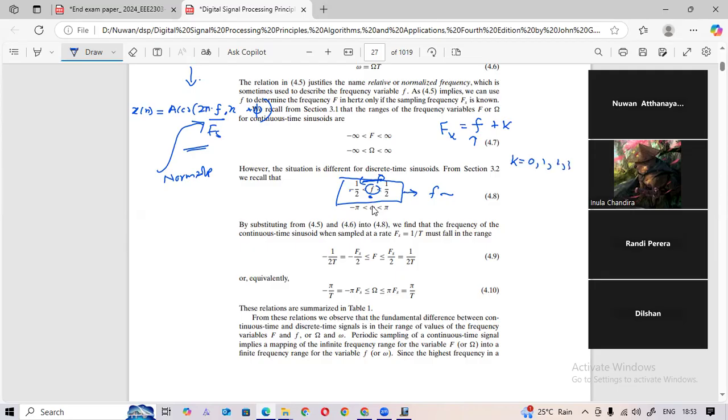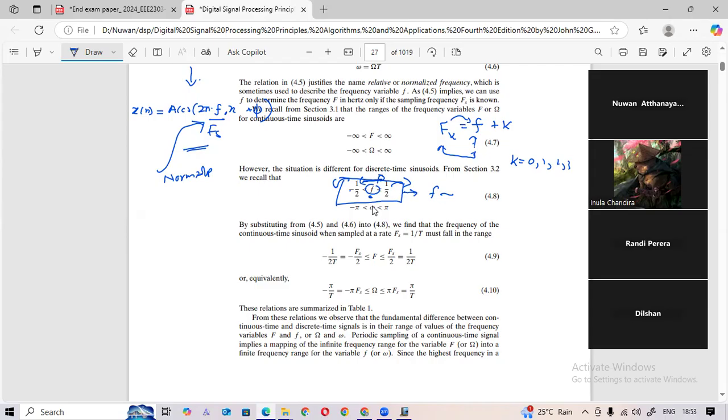So if you have any frequency beyond these limits, there is always a frequency within plus half and minus half. In other words, for the frequencies within plus and minus half, there will be identical higher frequencies.